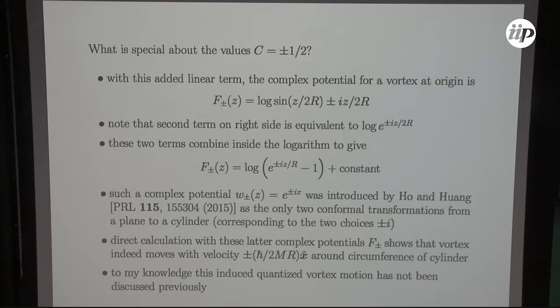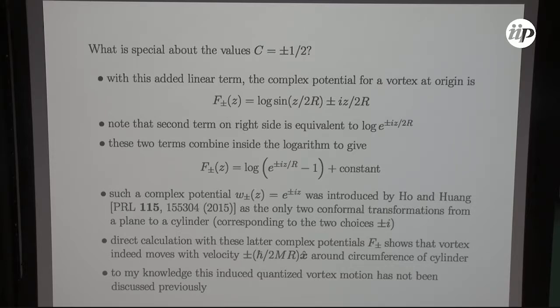He said that e to the plus or minus iz are the only 2 allowed conformal transformations from a plane to a cylinder. And if you work it through, you'll see that's correct. And if you just take this flow, you actually get the same motion, which of course you have to, but now it's implicit without adding it by hand.